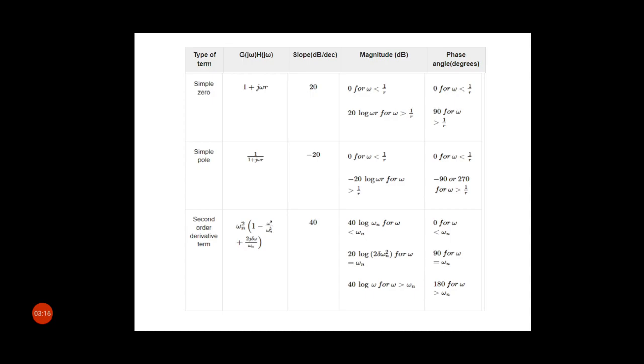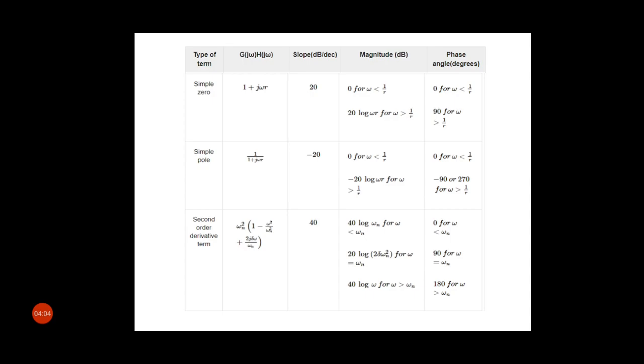Okay, then our slope is plus 20 dB per decade and the magnitude is 0 for ω less than 1 by τ and 20 log ωτ for ω greater than 1 by τ. And the phase angle is 0 for ω less than 1 by τ and 90 for ω greater than 1 by τ.